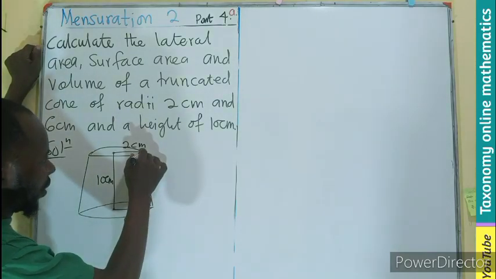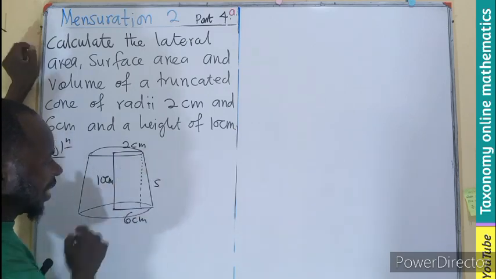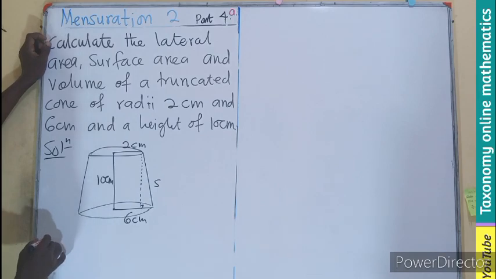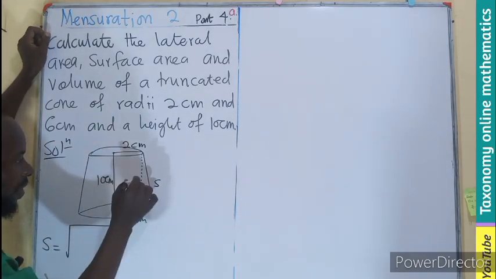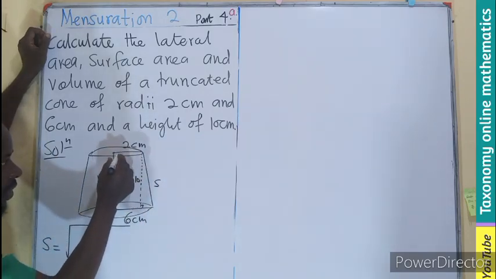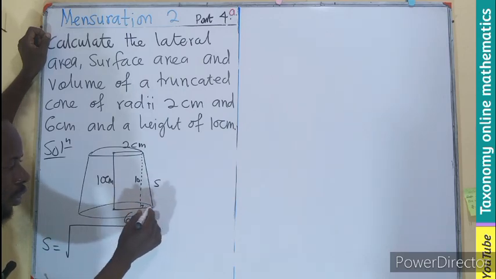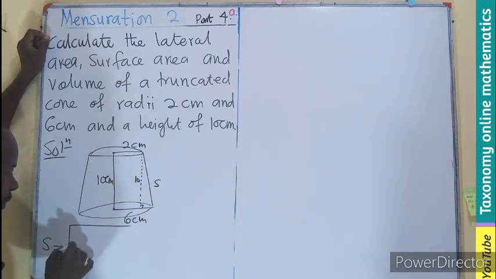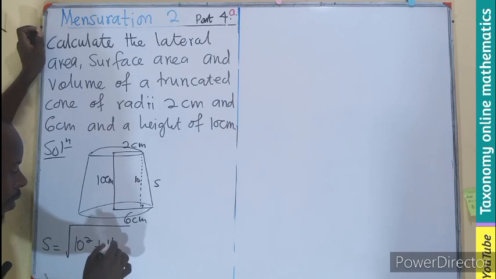So we remember we have this line drawn down, perpendicular to the base. If I'm looking for the slant height, it will be the square root of, this is the h, right? 10. This place is going to be the same as this because it's perpendicular. So here will be 2. Then the remaining will be 6 minus 2. That will be 4. So 10 squared plus 4 squared.